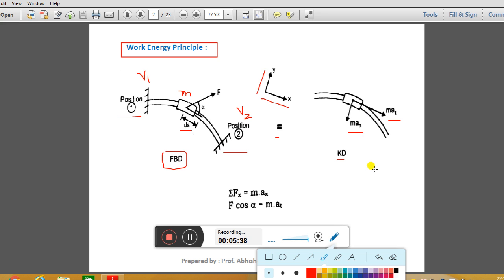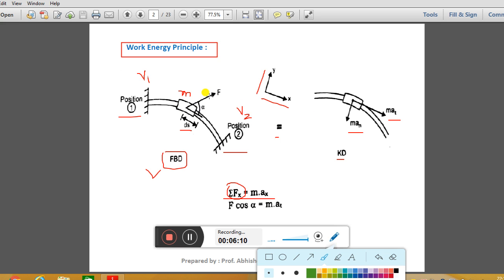Now, at an instant, with the help of Newton's second law, we write: summation of force in the x direction is equal to mass into acceleration in the x direction. We can write the left hand part with the help of the free body diagram. Let us resolve this force.